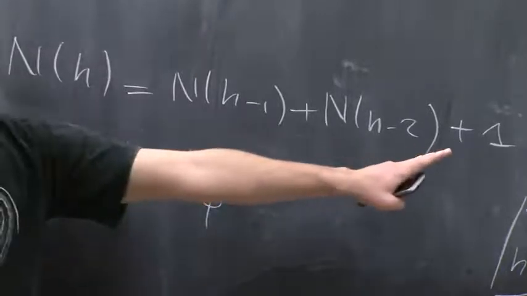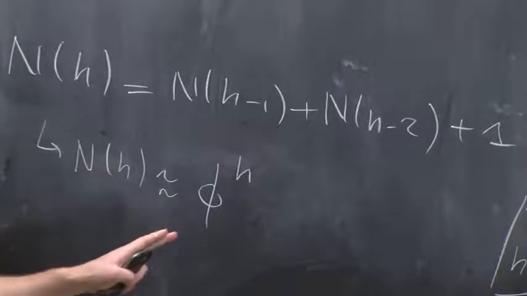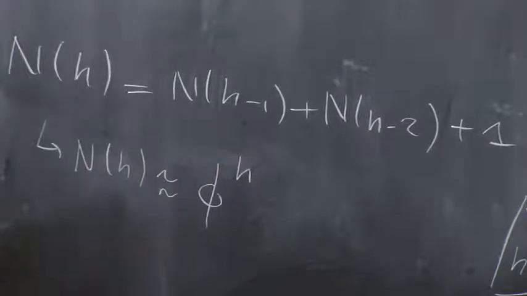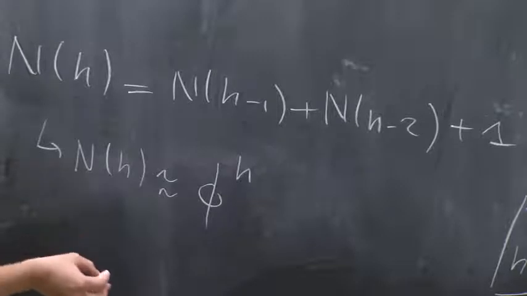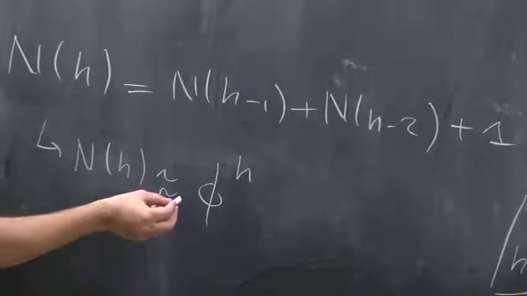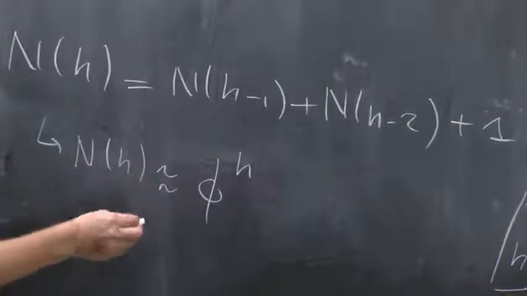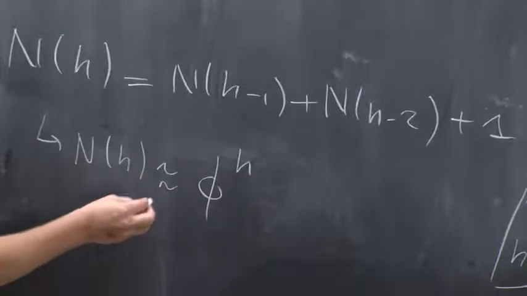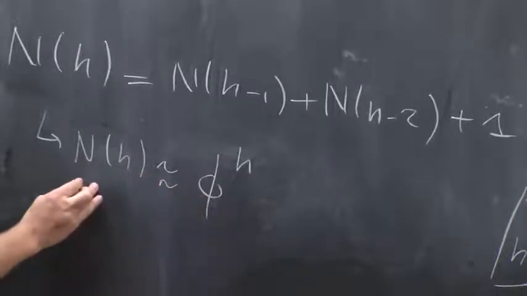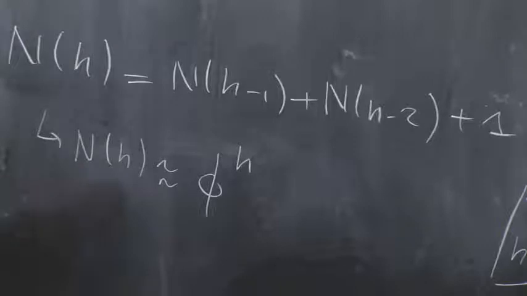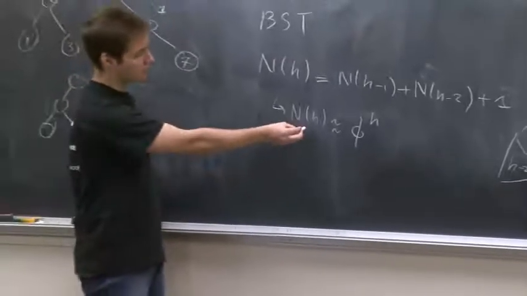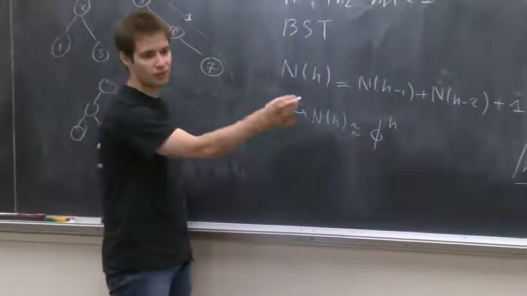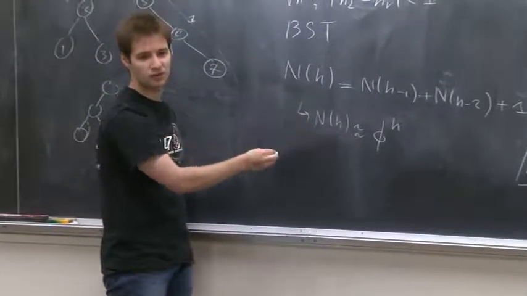Except there's a +1 here. So these are bigger than the Fibonacci numbers, which is phi to the h minus something over something. So what really matters is that the minimum number of nodes in an AVL tree of height h is an exponential as a function of h. So if you invert that, you get that the maximum height for a tree with n nodes is log n.